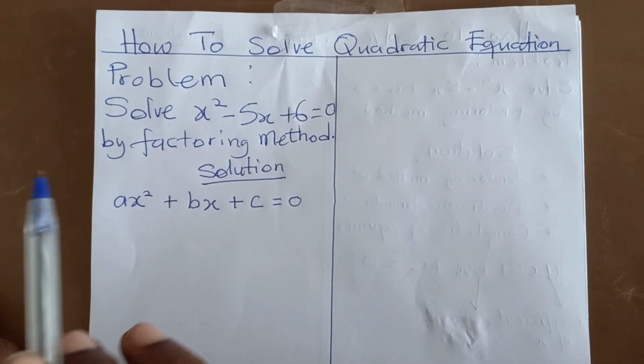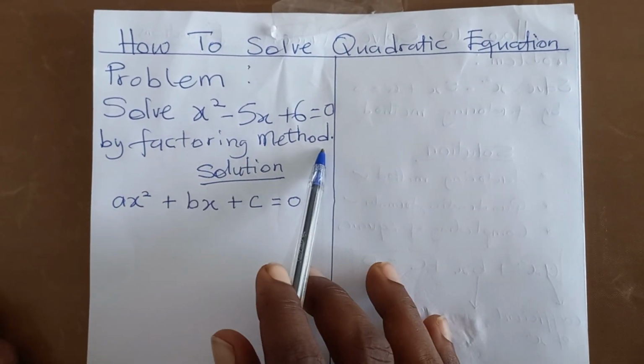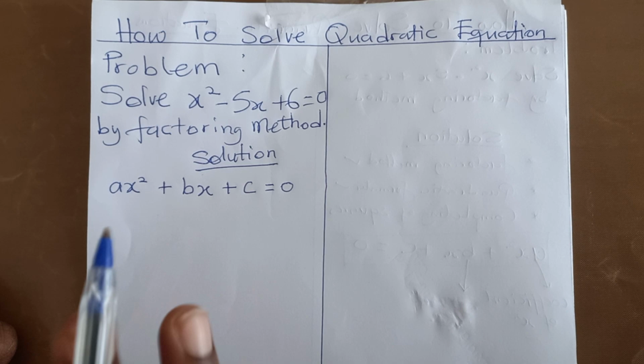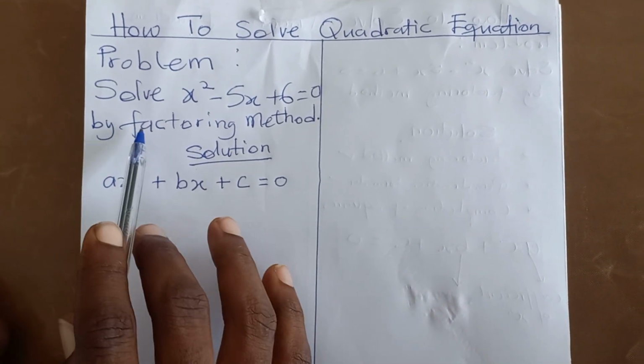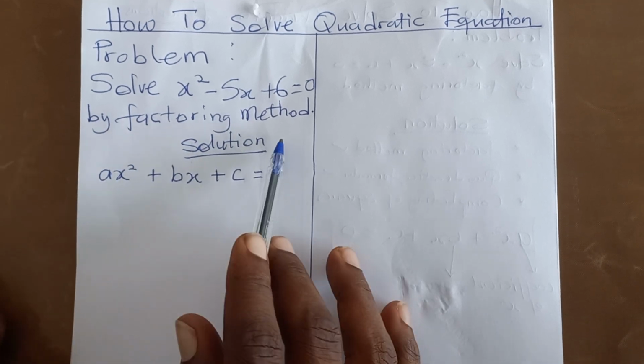Now, we were restricted to the factoring method because we have three methods of solving quadratic equations. This is the first method, which is the factoring method.